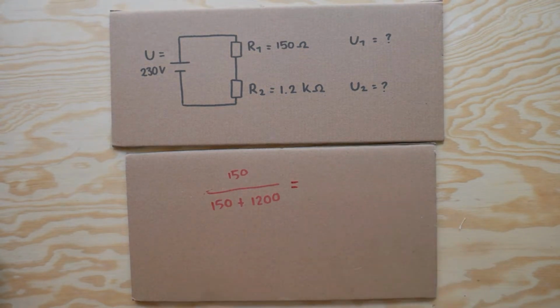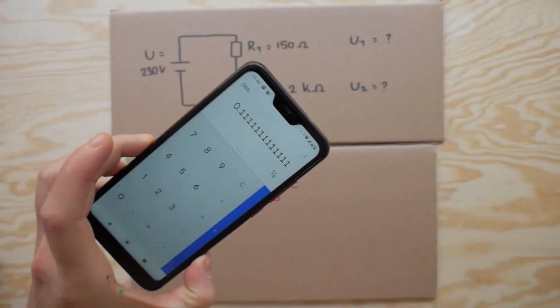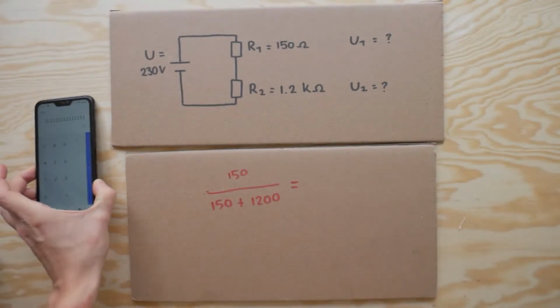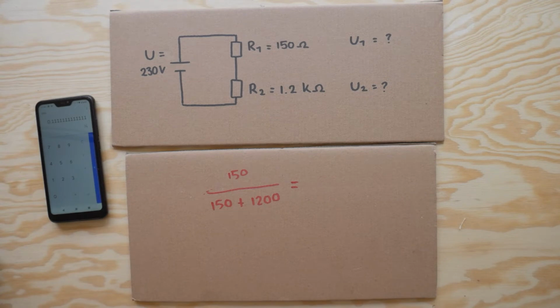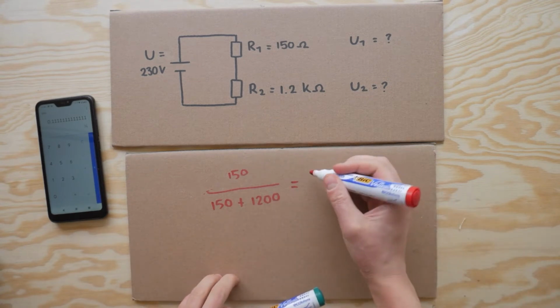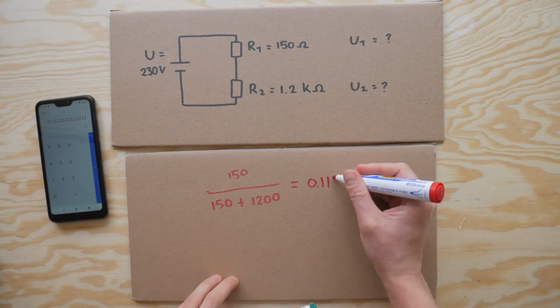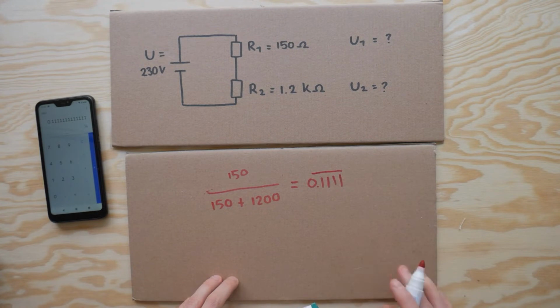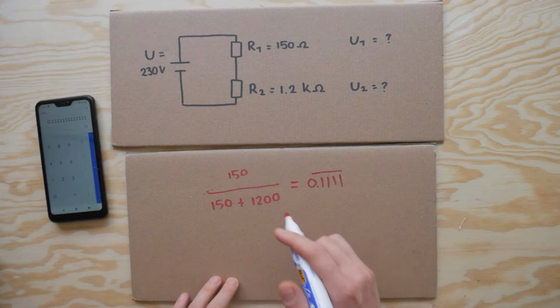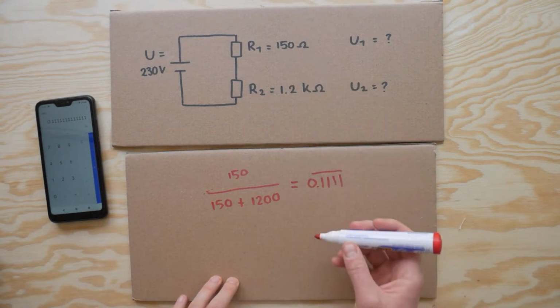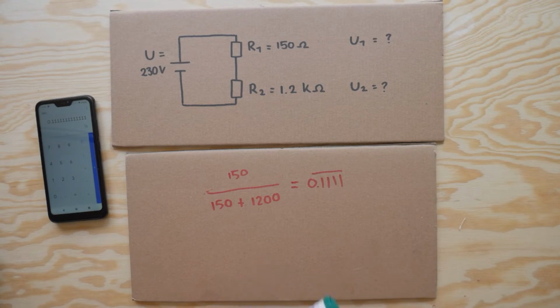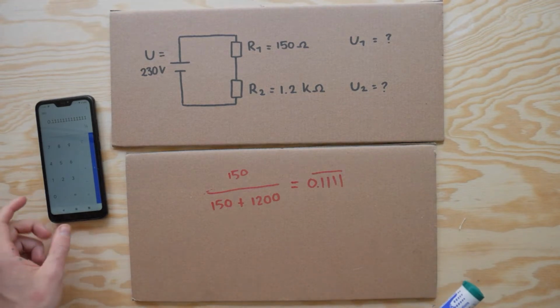And that is, let me get my calculator, 0.1 repeating, which also means 11.111%. So this one, 150, is a fraction, 0.11111, repeating. And the other one will have to be 0.99999.